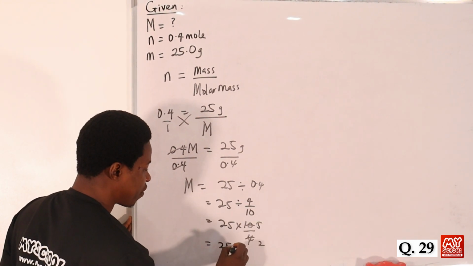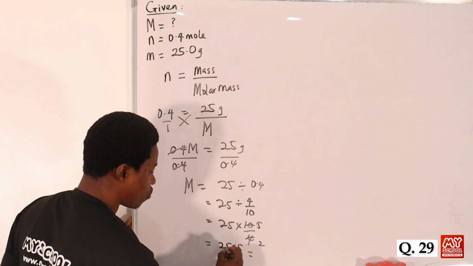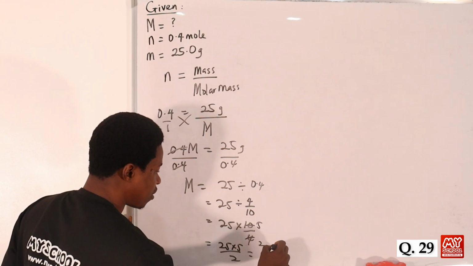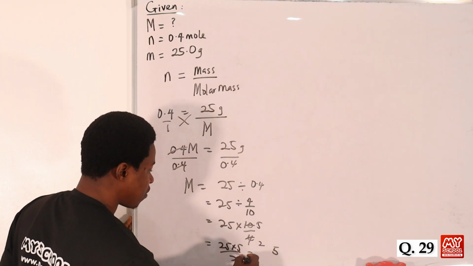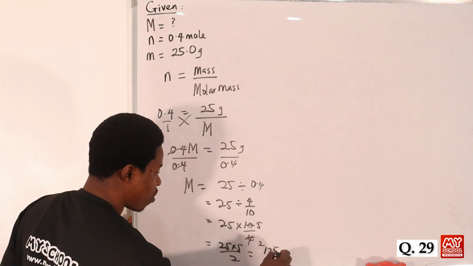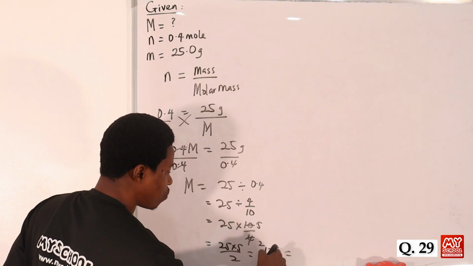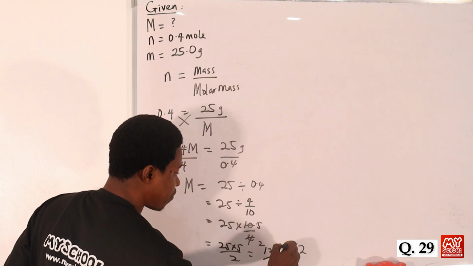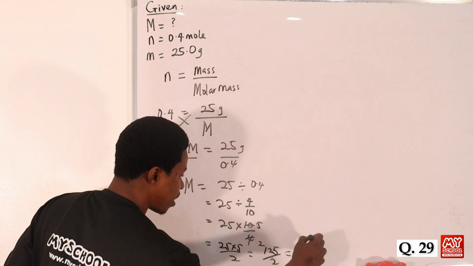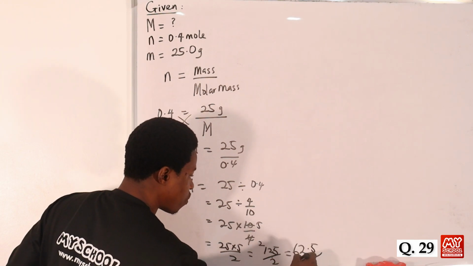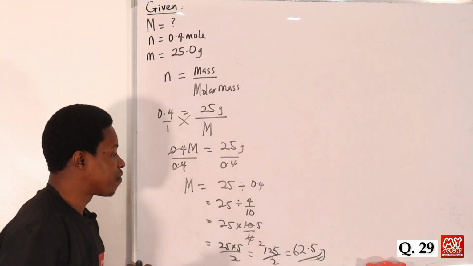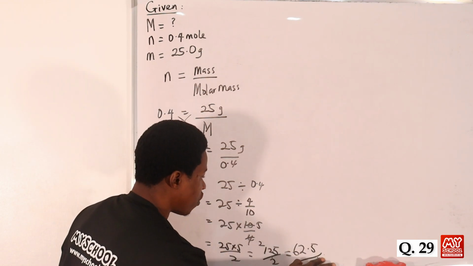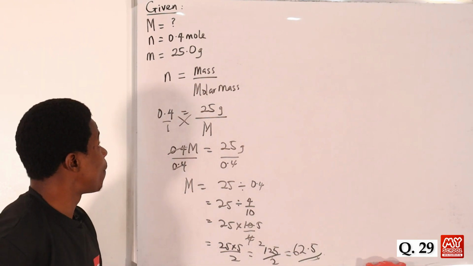So we have 25 times 5 divided by 2, that is 125 over 2, which gives 62, remainder 1, so 1 over 2 is 0.5. So we have 62.5 gram per mole. Of course, that should be the molar mass of the substance.